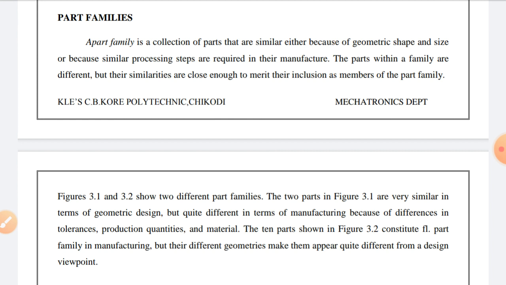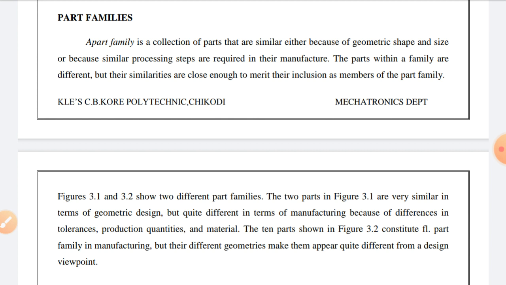You group the parts by similarity. For example, geometric shape such as circular, rectangle, square; or size, such as small or bigger; or sometimes the processing steps, the manufacturing process, are the same.